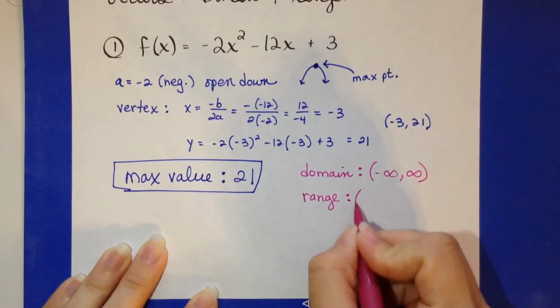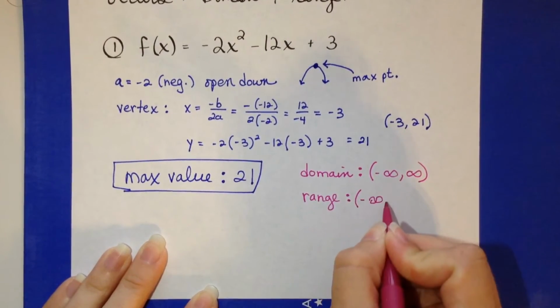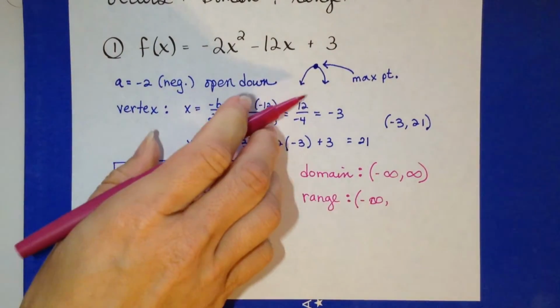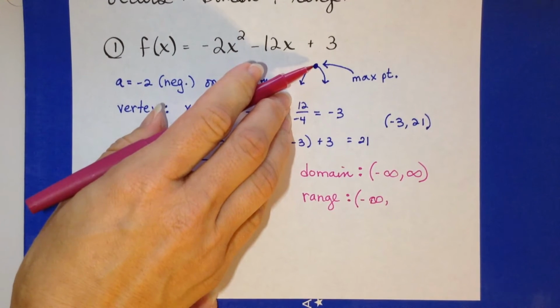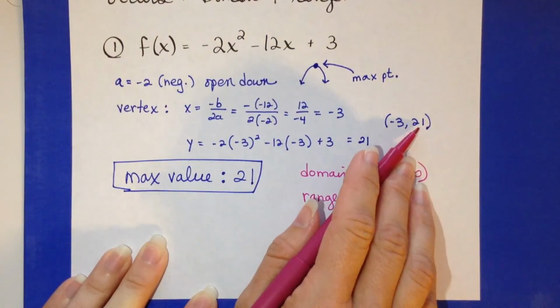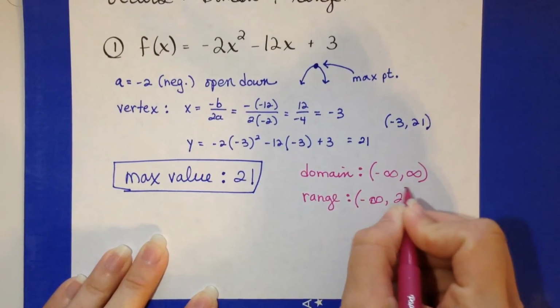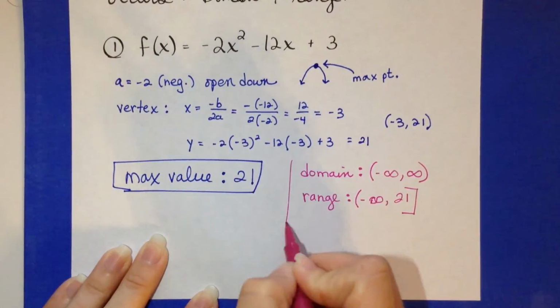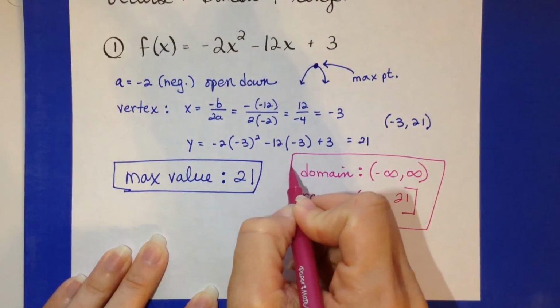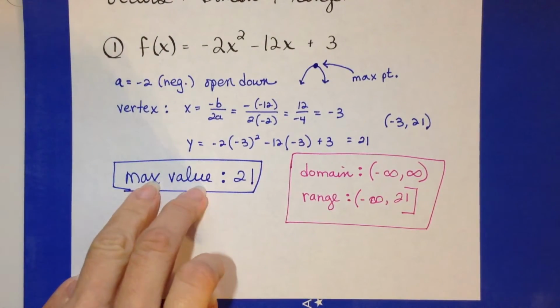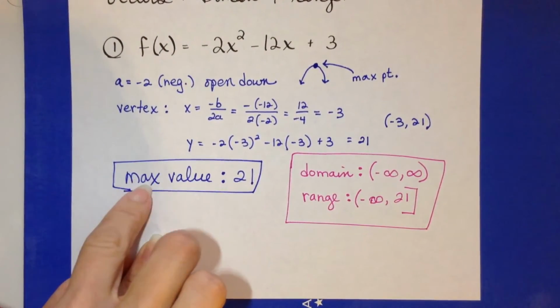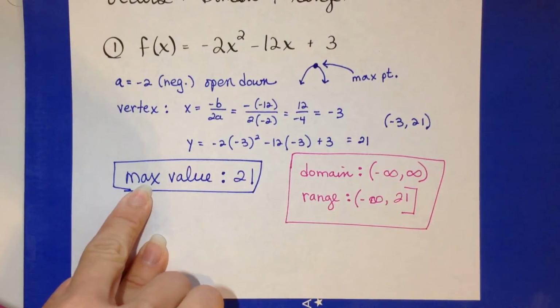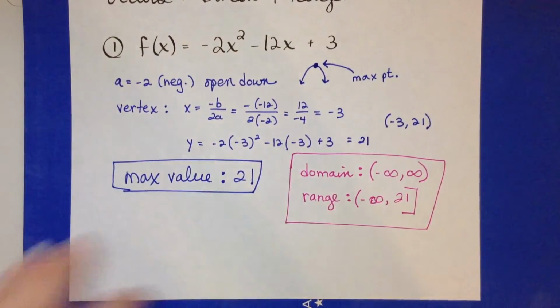So my range would have to start off at negative infinity, and it's going to come all the way up to the vertex. Now, range is y, so all you need is the y coordinate of the vertex, which we figured out is the 21. So here's your domain and range that you were asked for, and then the value and where it occurred. Of course, where it occurs just means whether you're deciding whether you have a max or a min.